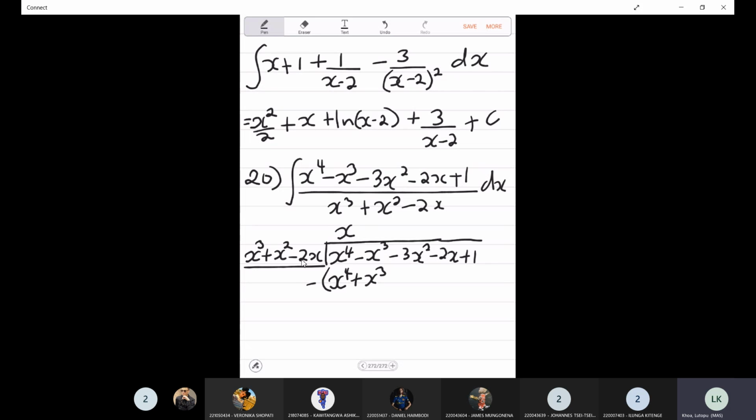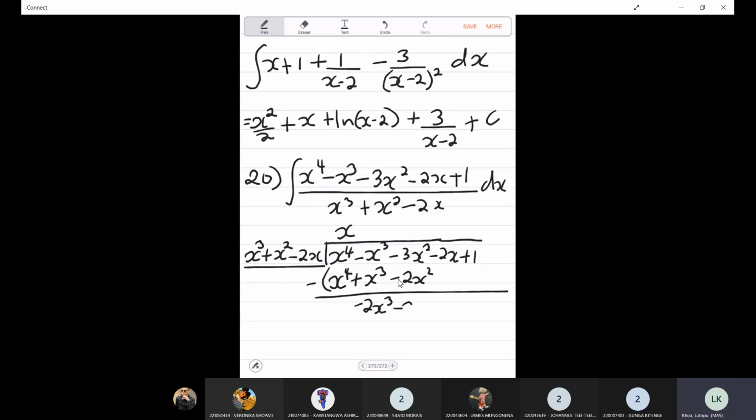then minus 2x times x, this is minus 2x squared, then we subtract, this gives 0 here, minus 1 minus 1 is minus 2, x to the power of 3, and then minus 3 minus negative 2, that is negative 1.